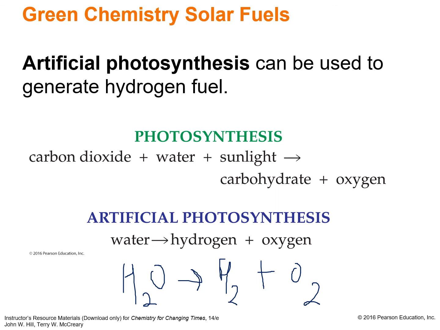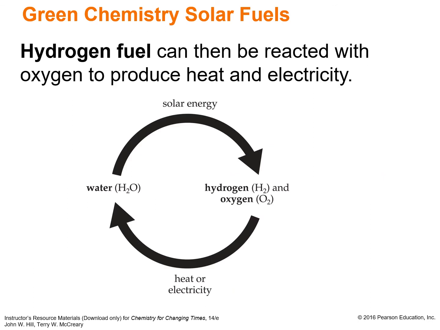So basically you put 2 here, that's the balanced reaction. Okay, and this hydrogen fuel, which I just showed you, can be reacted with oxygen to produce heat and electricity. So the water uses the solar energy in the solar cells to create hydrogen and oxygen, which can further produce heat or electricity.